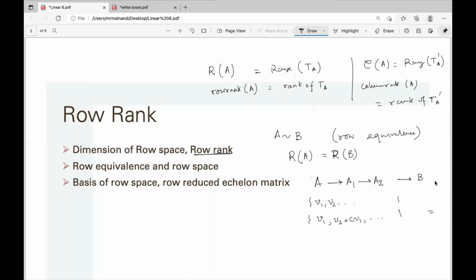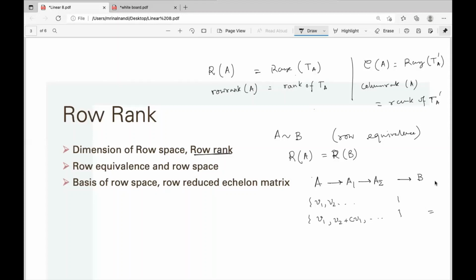You get a matrix. That matrix is non-singular. You find the elementary row matrices whose product is this, and apply the corresponding elementary row operations. You'll get this B. So that means every two row equivalent matrices have the same row space.